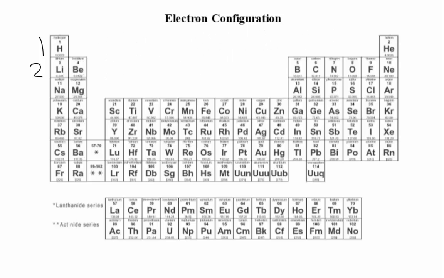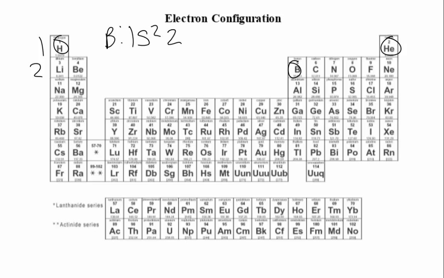Now I'll erase this again and we're going to move on to boron. Boron is here. It has a total of 5 electrons, and we're going to write the full electron configuration. We start off moving from left to right of our periodic table. First we have 1s2, so that takes care of these 2 electrons.